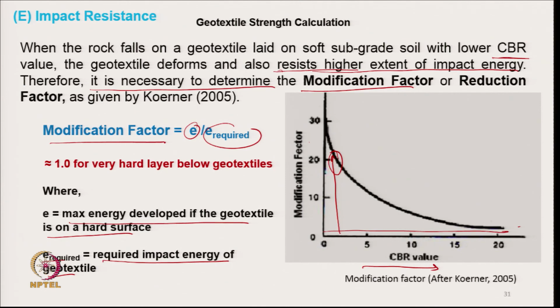For a very hard surface, with CBR value 20 and above, it is typically around 1. In that case the modification factor is 1, meaning the required impact energy is equal to the maximum impact energy developed on geotextiles.